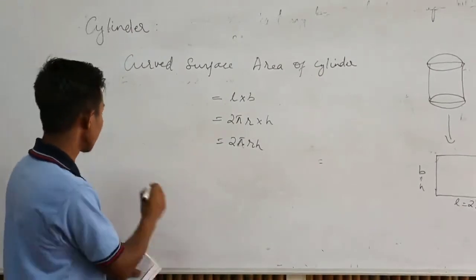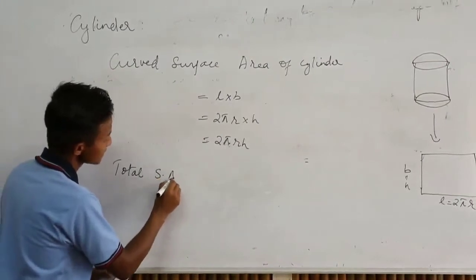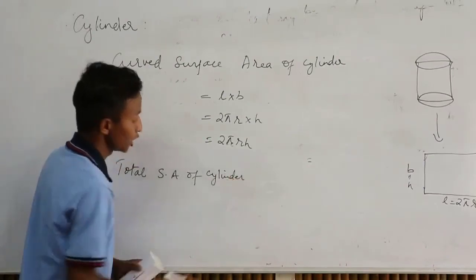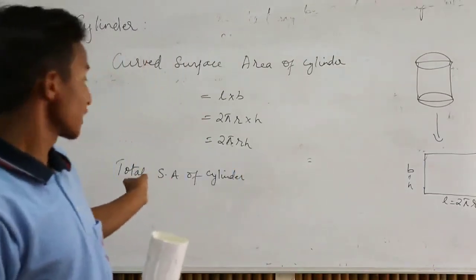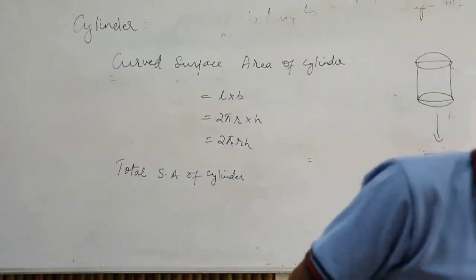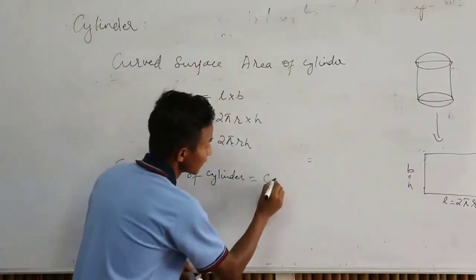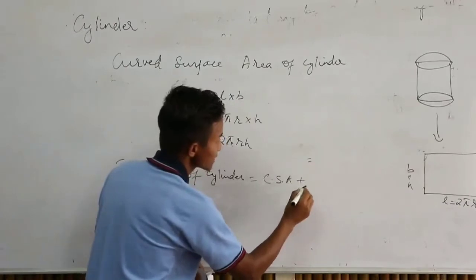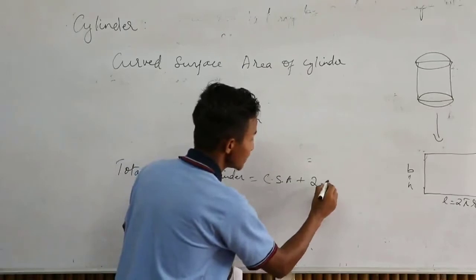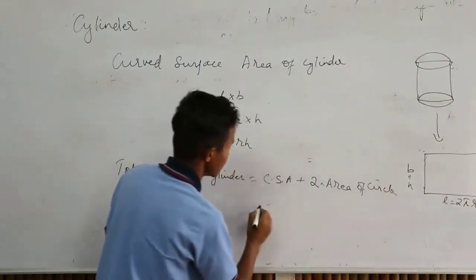If we talk about the total surface area of a cylinder, we have to consider the two circles, these two covers, right? So it's nothing but the curved surface area plus two into the area of a circle.